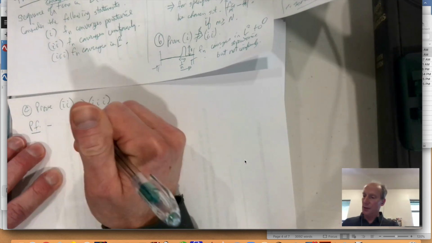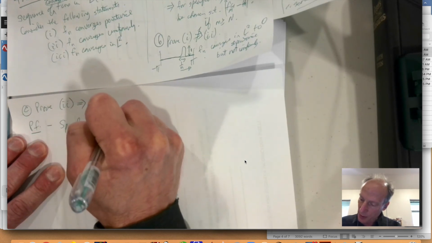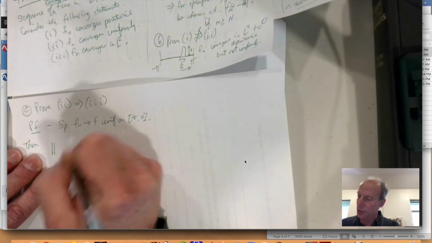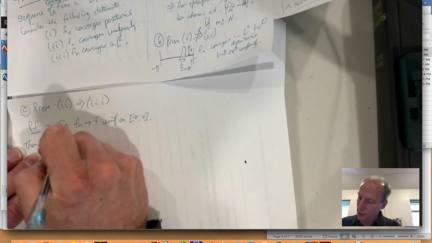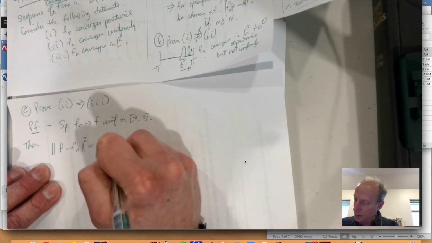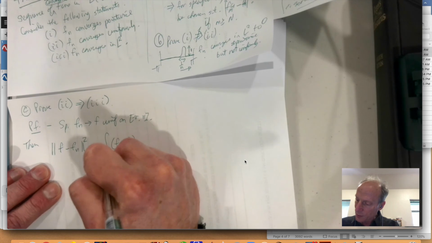Well, if it converges uniformly, so suppose Fn converges to F uniformly on negative pi to pi, then if we look at the L2 norm, we're supposed to show that it converges in L2. Let's look at the F minus Fn squared. And so that's the integral of F minus Fn from negative pi to pi.